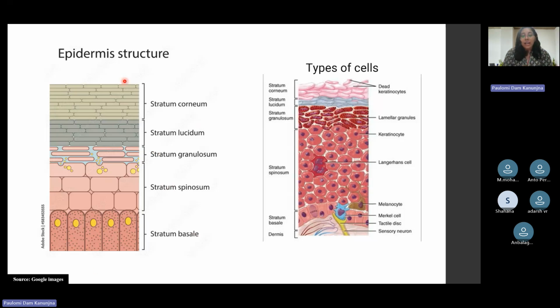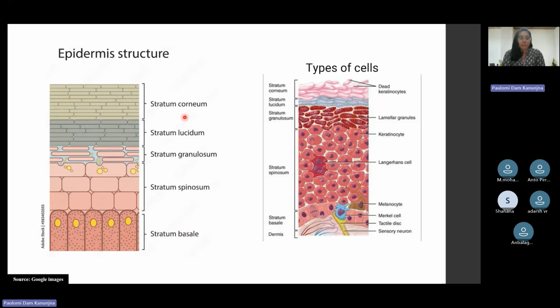So one thing, the way you can remember the names is by making a short abbreviation, like CLGSB, something like this, so that you don't forget it in the order. It can be a shortcut for you. You remember we give mnemonics to several things that we want to learn.